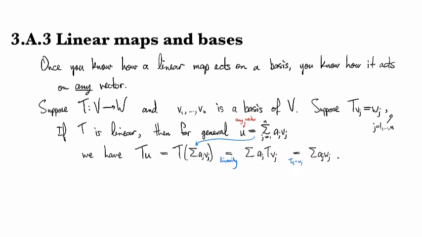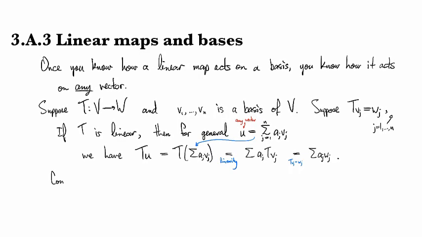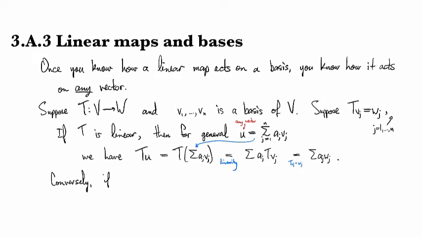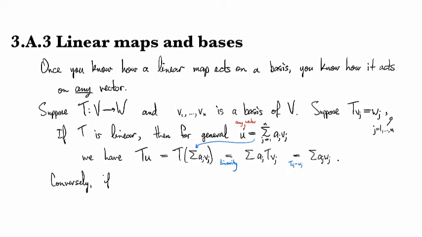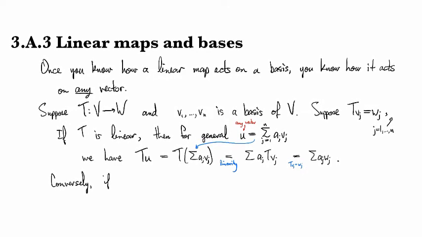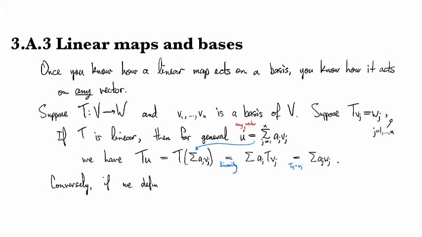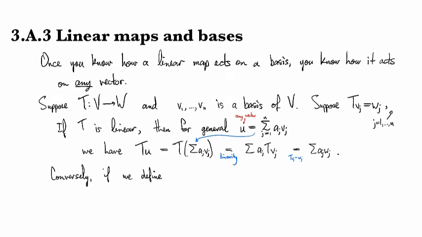And conversely, say if we don't necessarily know that T is linear, but we define a map. Actually here, let me back up.